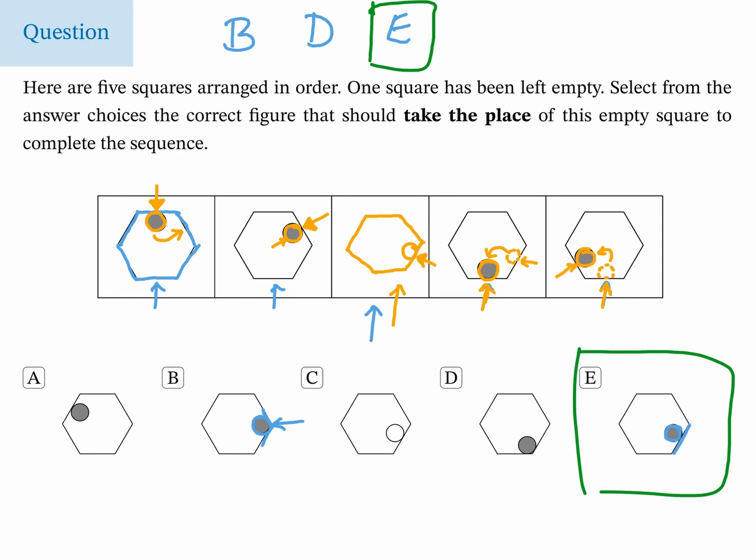And similarly with answer option D, the circle is now touching two edges, or we can think of it as touching a corner of the hexagon. So although it would make sense on first glance for the circle to end up in either of our answer options B or D positions, what we're actually looking for is for the circle to be touching the middle of the bottom right edge. And so those of you that said answer option E, well done.